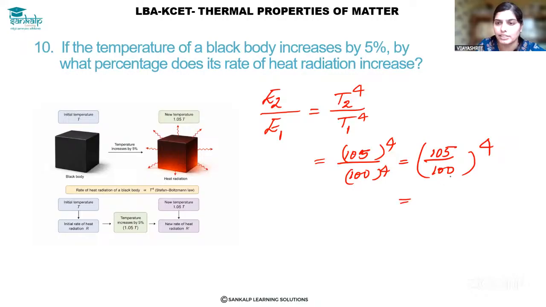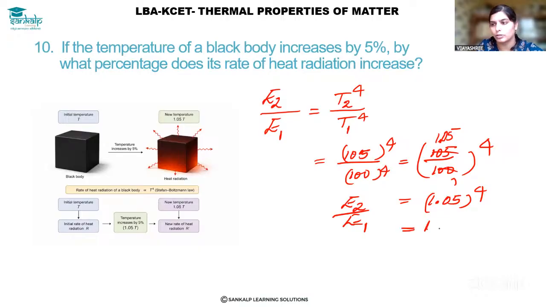So it can be written as 1.05, which is equal to 1.05 to the power 4, right? So E2 divided by E1 is equal to 1.05 to the power 4, which is equal to 1.2155.